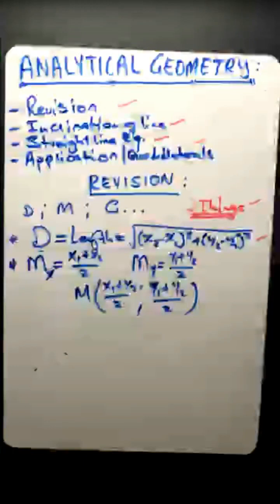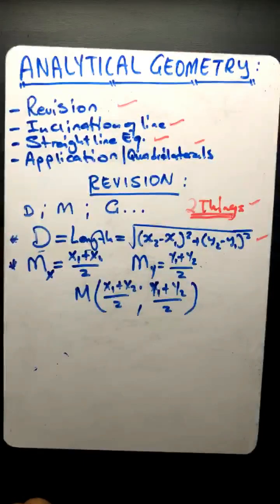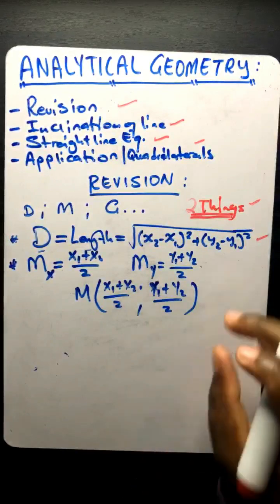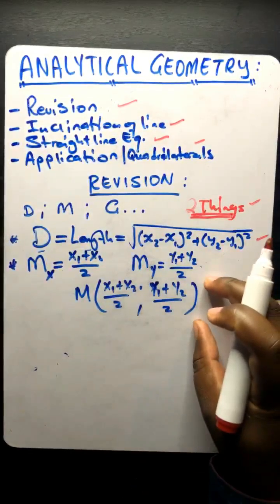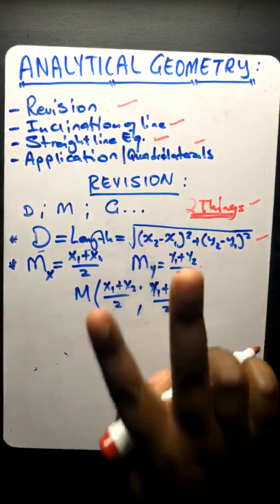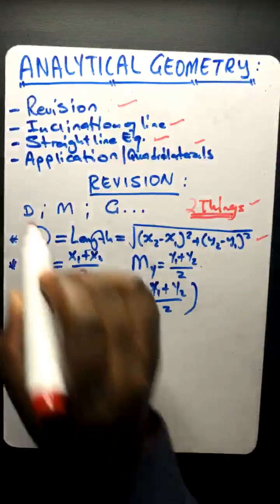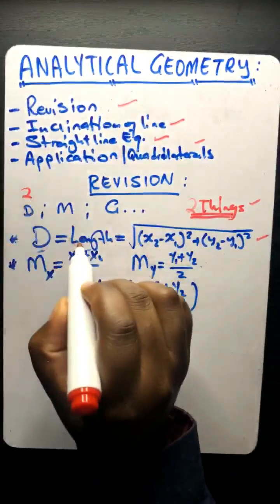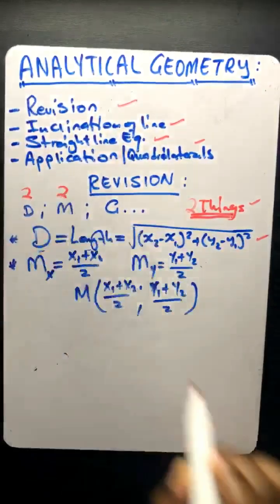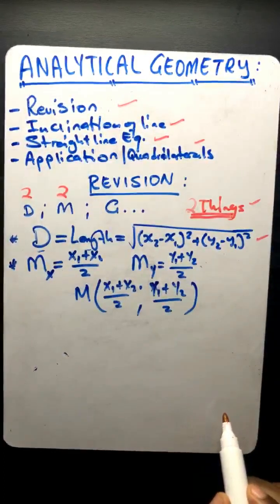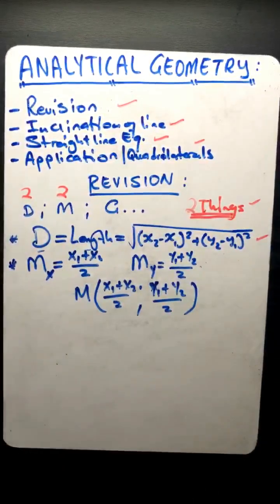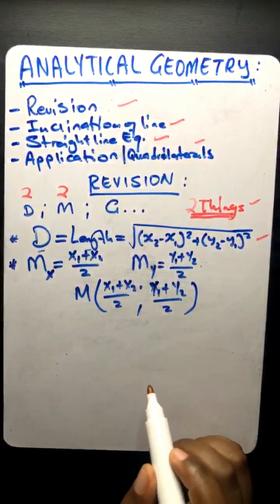Most importantly, at all times, the moment you see yourself using that formula, you need 2 things. Sorry, for the midpoint, 2 things. What are those 2 things?